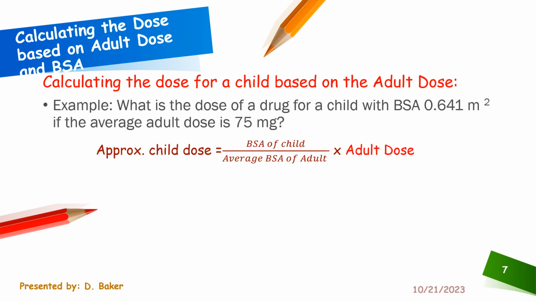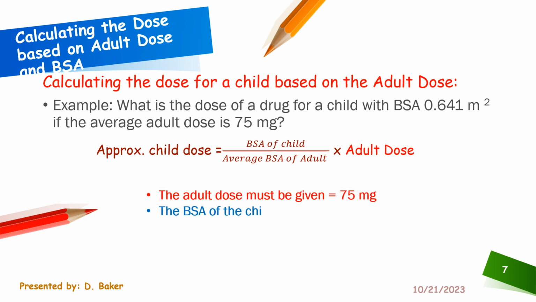Now let's look at an example. You have a dose of a drug which is 75 milligrams for the average adult, and then you have the body surface area for the child, which is 0.641 meters squared. Using the equation, you're simply substituting the values into it. But what information do we have here?